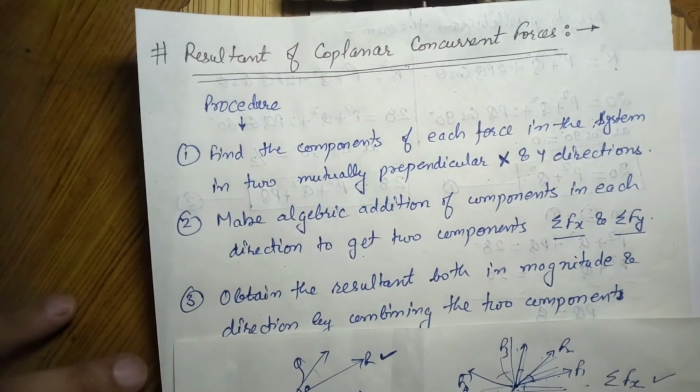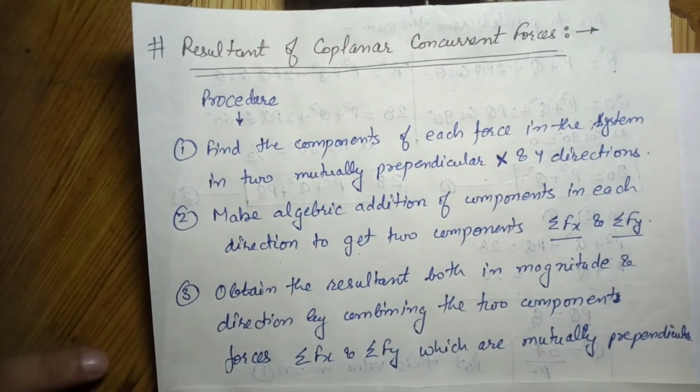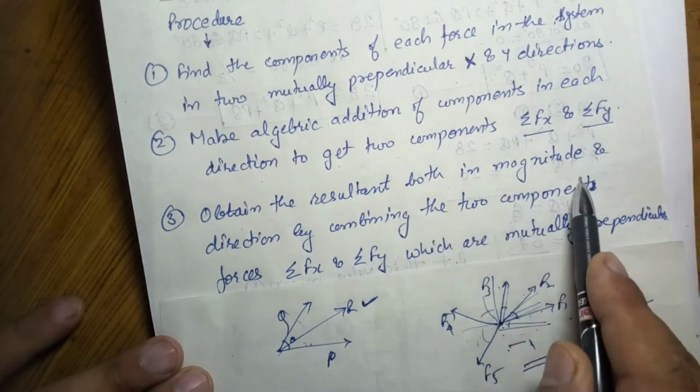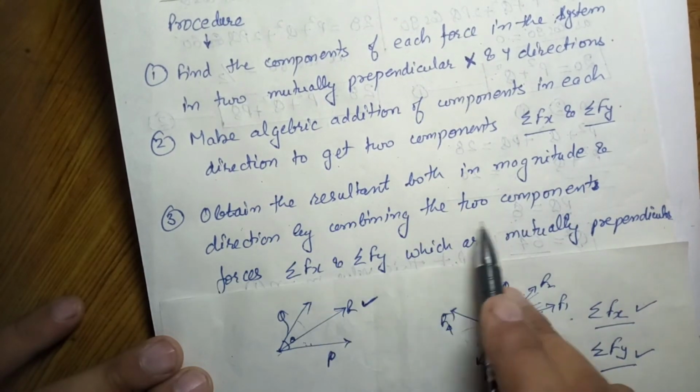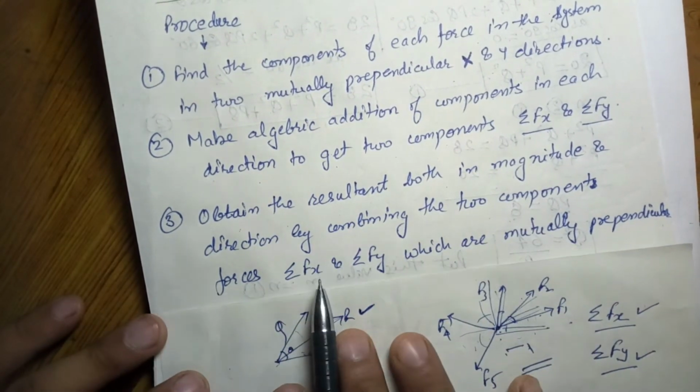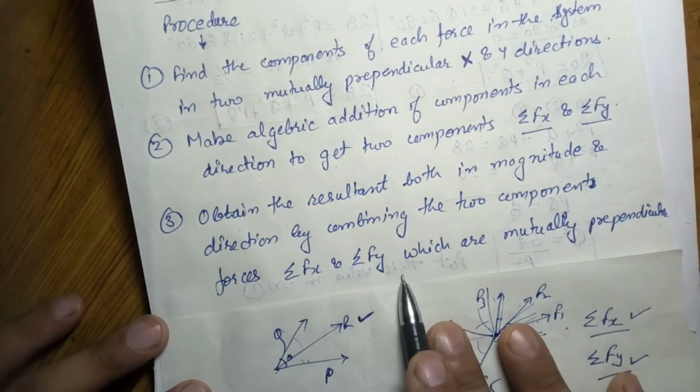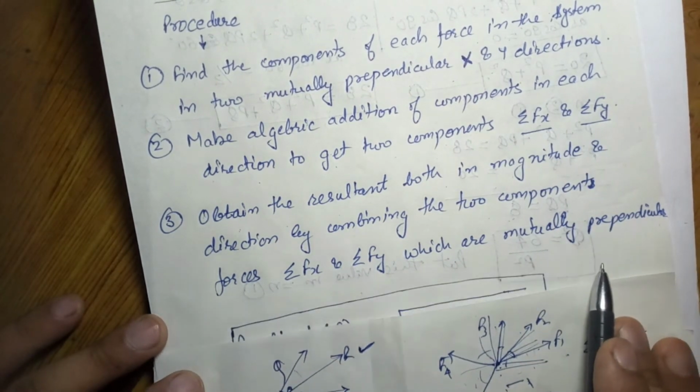Now come to the third step. The third step says: obtain the resultant both in magnitude and direction by combining the two components of forces, summation of Fx and summation of Fy, which are mutually perpendicular.